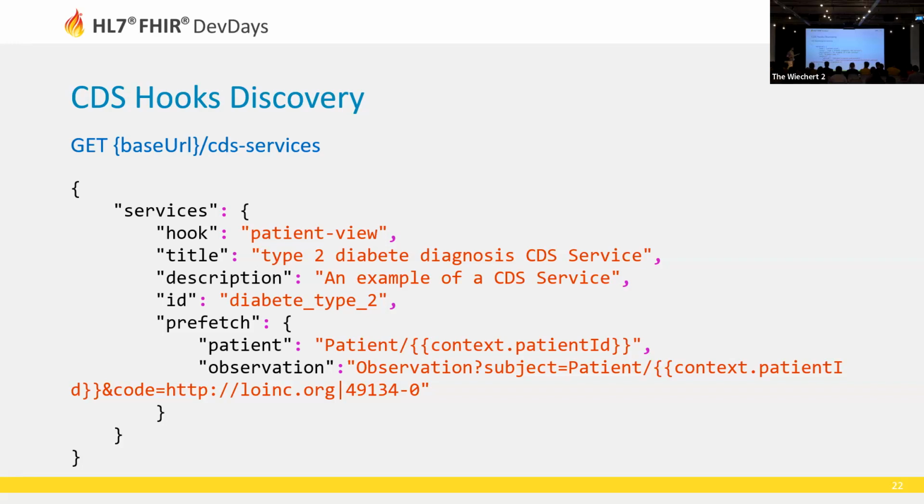you perform a GET request on this URL, and you receive a list of services that will say, okay, I'm available on such hook, the title, description, ID, and here you can see the prefetch. So what data do I need to perform the logic?